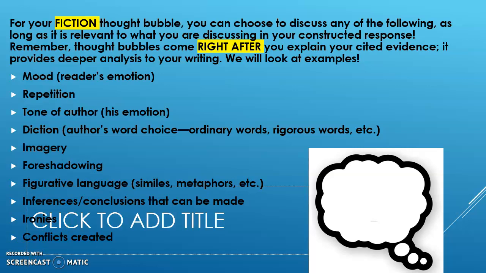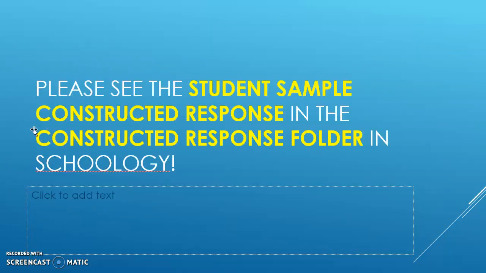Finally, please see the student sample constructed response in the constructed response folder in Schoology. You will see on page 2 of this constructed response packet is a constructed response written by a student, and it is asking you to highlight or color the different sections of the constructed response.